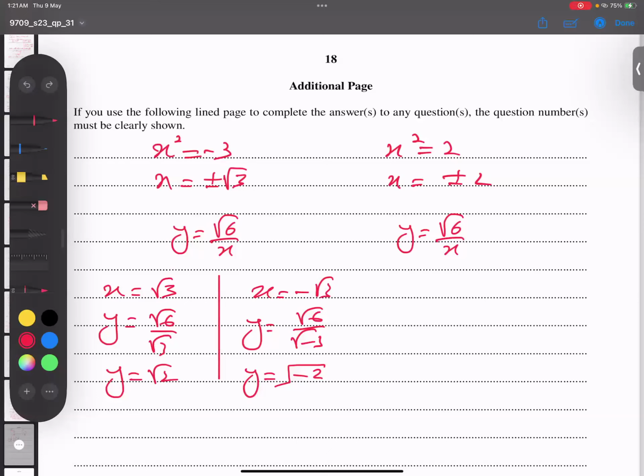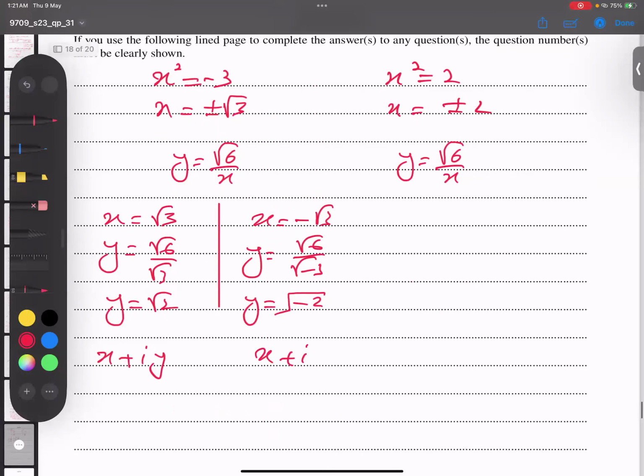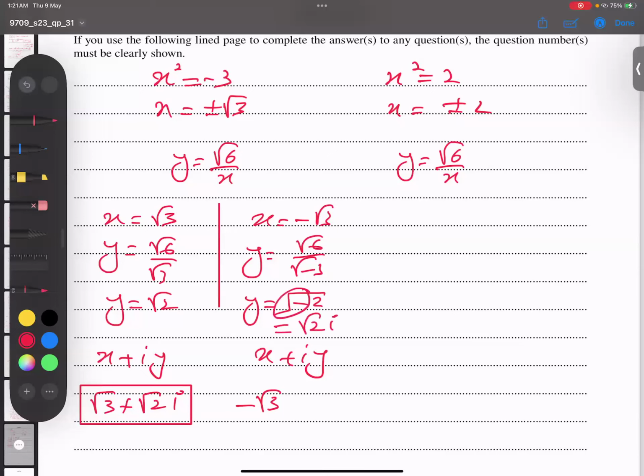So students, in short, because x plus iota y is my question, x plus iota y. So when I plug in it here, I get a root 3. When I plug in it here, I get a root 2 iota, which is my first answer. And if I plug in negative root 3, this is coming root 2 separate and iota because -1.